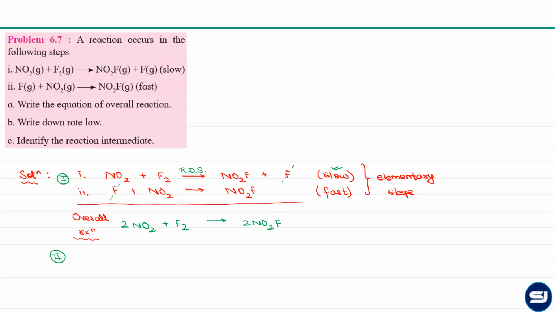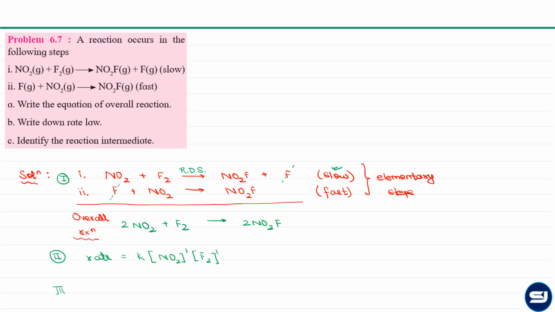So the rate is determined by the slowest step of the reaction, which is called RDS. And in the RDS, whatever stoichiometry you see for the reactant, that is your rate law. Hence, the rate law from the RDS is written as K times NO2 raised to 1 and F2 raised to 1. This is your rate law.